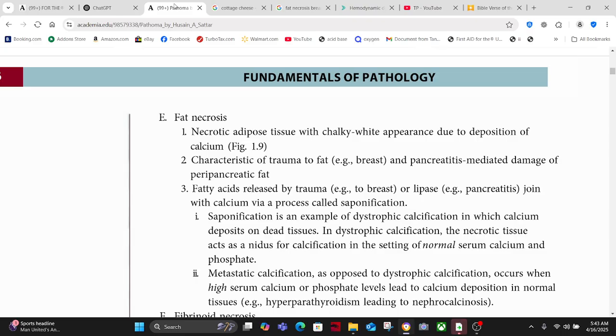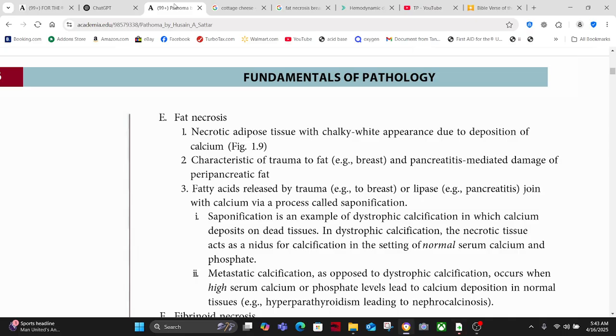And in metastatic calcification, calcium deposits on normal tissues. And in dystrophic calcification, the calcium deposition is only in the dead tissues, the tissues that underwent necrosis, like for the breast, right?